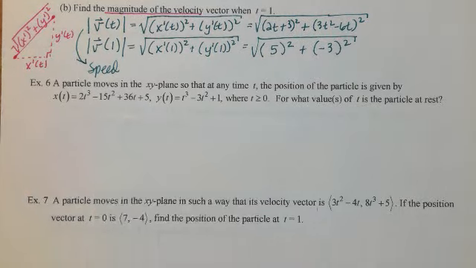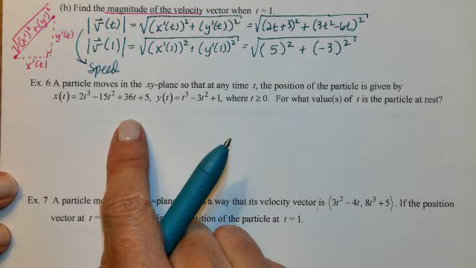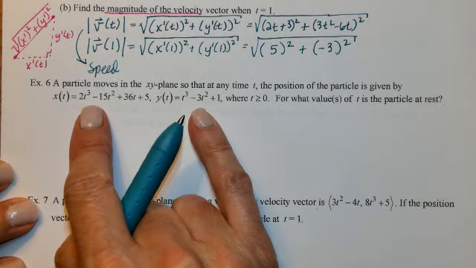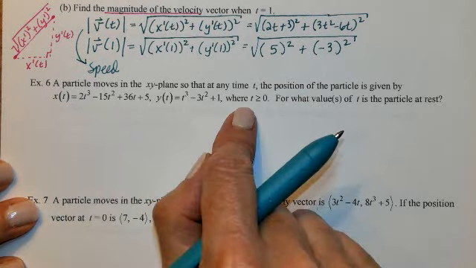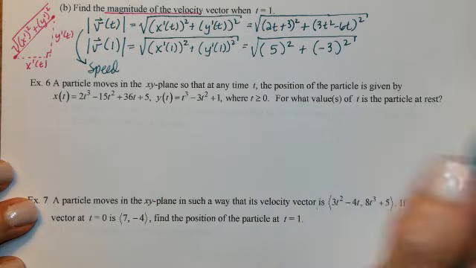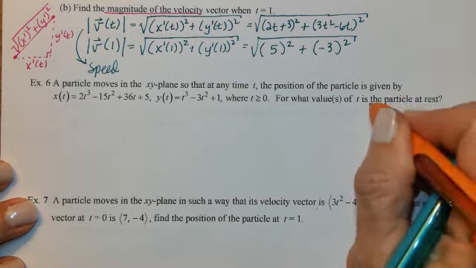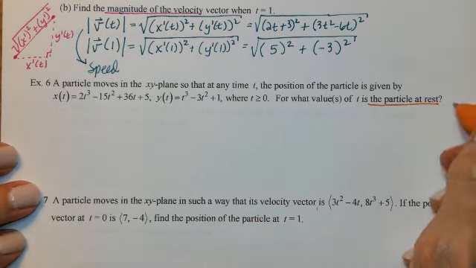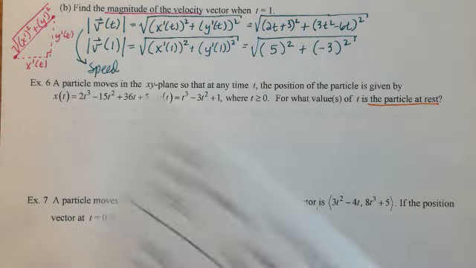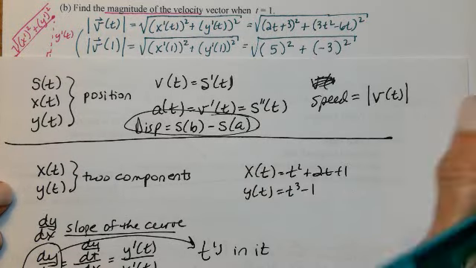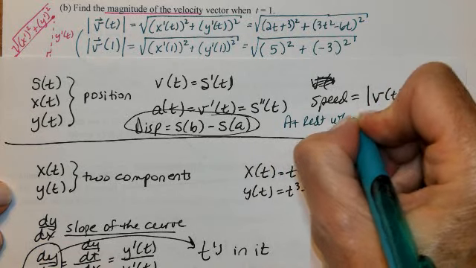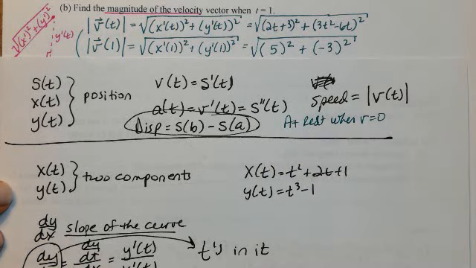Example 6. A particle moves in the xy plane so that at any time t, the position of the particle is given by x of t and y of t. t is greater than 0. For what values of t is the particle at rest? Well, back in rectilinear motion, the particle was at rest when the velocity was 0, right?